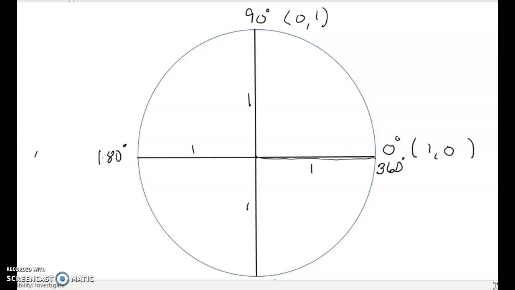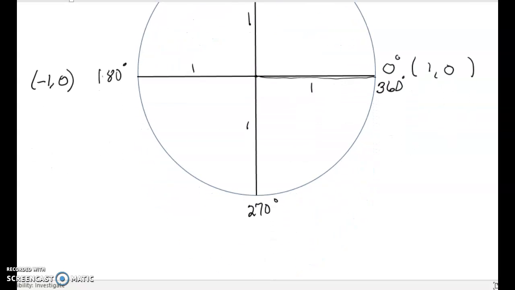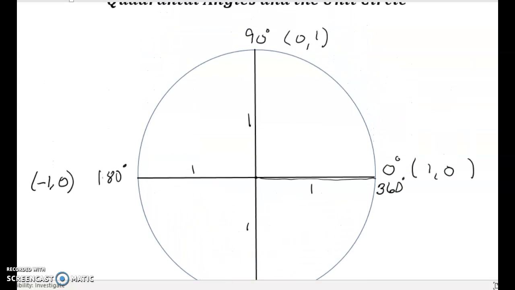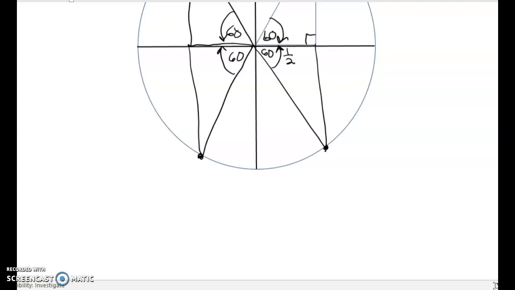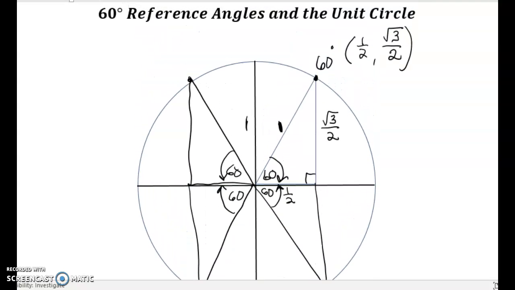The 180 is -1 on the x-axis, 0 on the y. And the 270 is 0 on the x-axis, -1 on the y-axis. And those are your quadrantal angles. So I'm going to leave you and have you go back and fill in all of the missing coordinates.